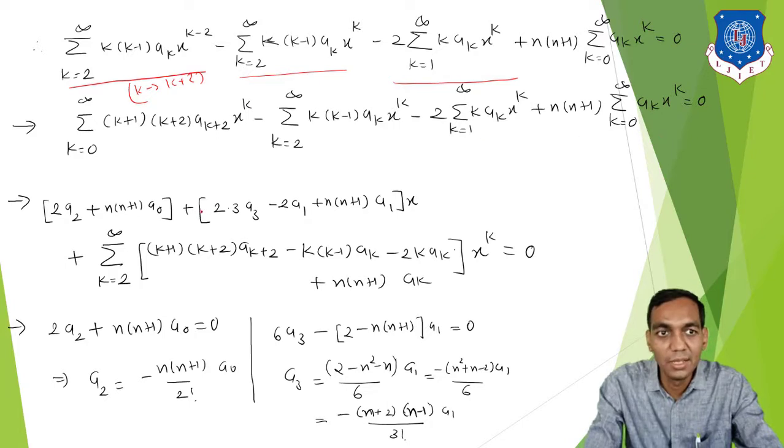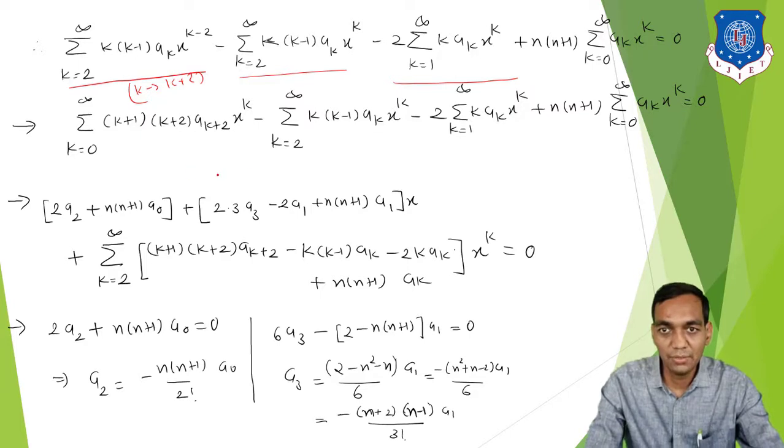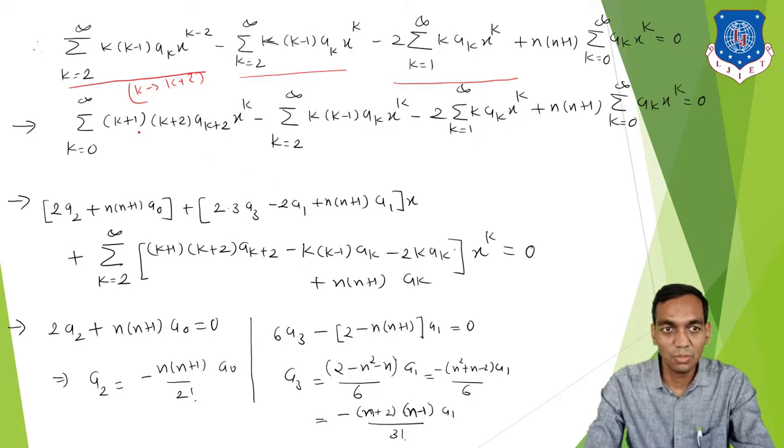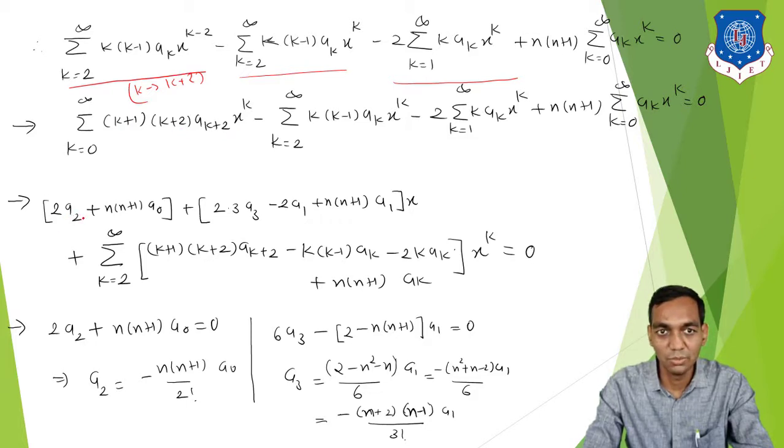Now separate the terms for 0 and 1, and from 2 we combine all the summations. The term for k equal to 0: putting 0 here, 1 into 2 into a2 into x raised to 0, that means 2a2.